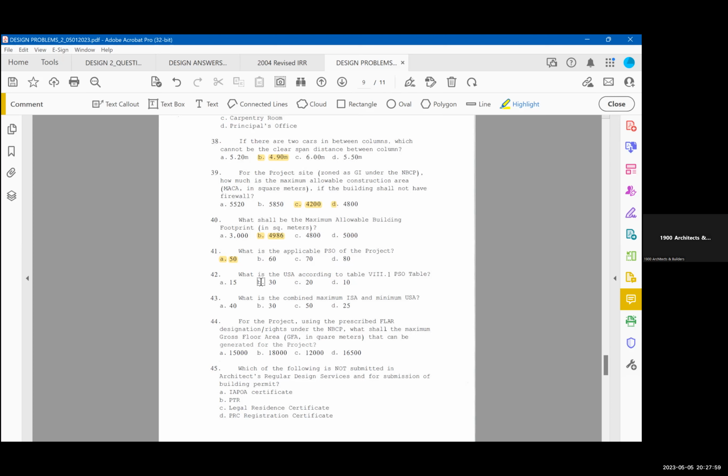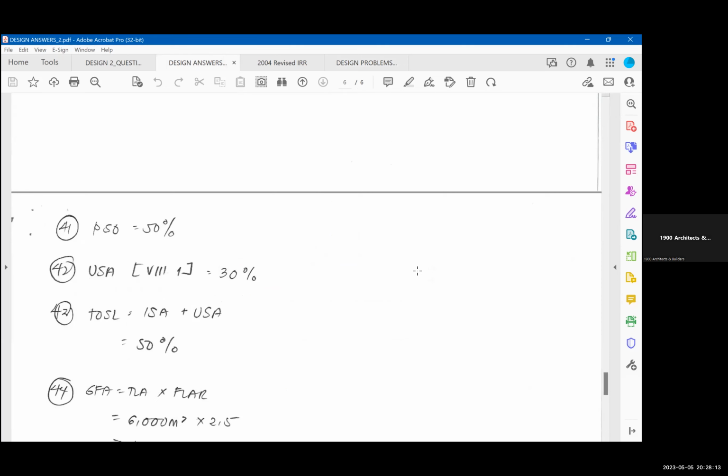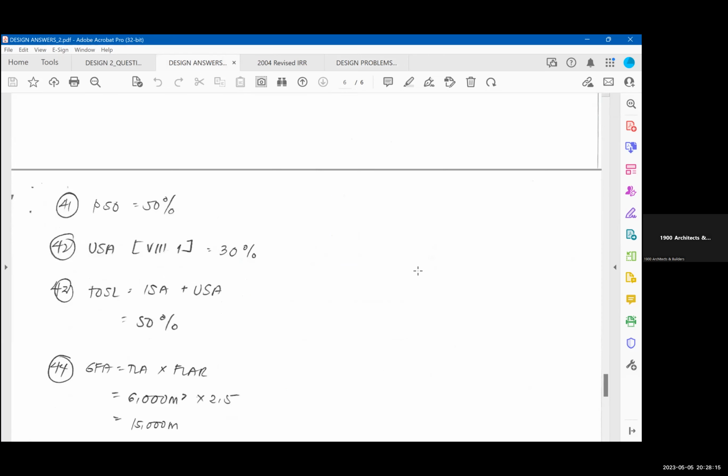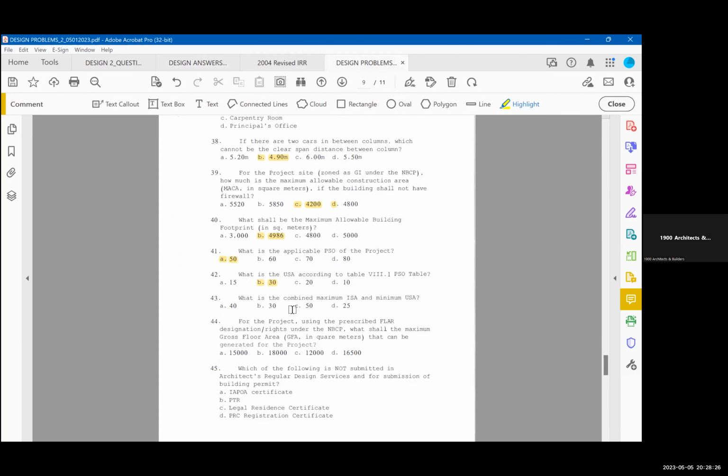So, letter B. Okay, so number 43. What is the combined maximum ISA and minimum USA? The USA plus ISA plus USA is 50%. The letter C.